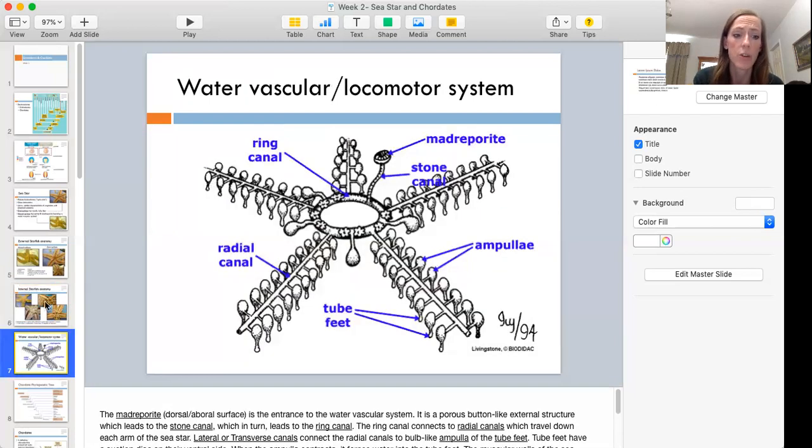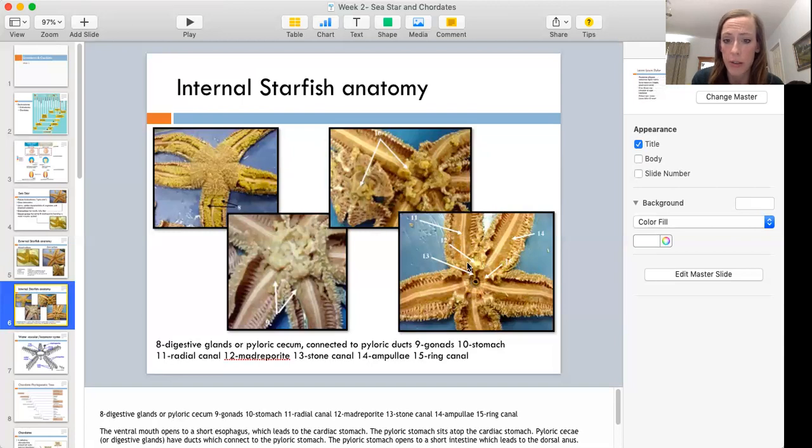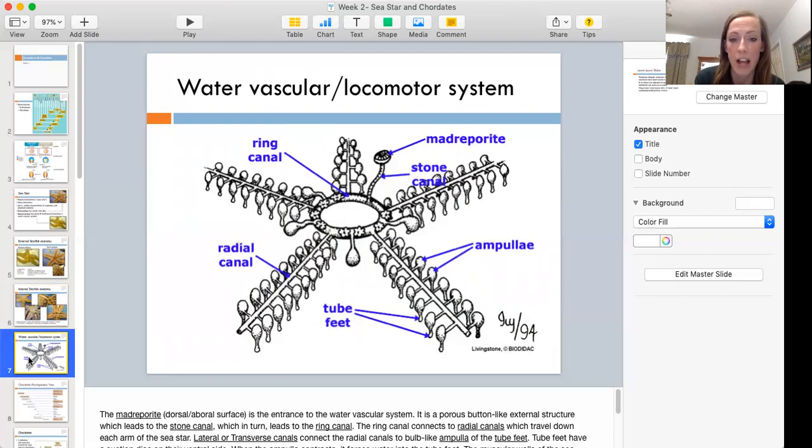Okay, and although you can see them in the pictures here, the Madriporite leading to the stone canal, which leads to the ring canal, and the extension then out into the radial canals. You can see these here, but we're going to turn our attention to the next slide because they're a lot more visible when they're in diagram form.